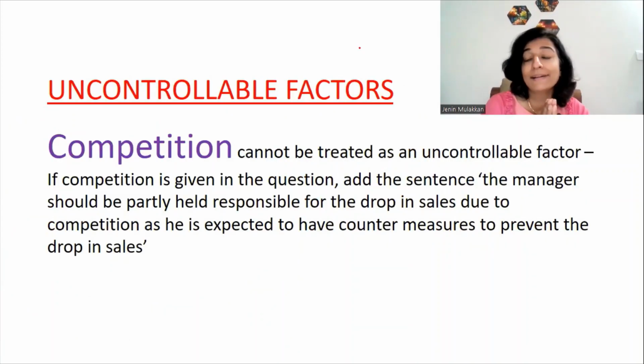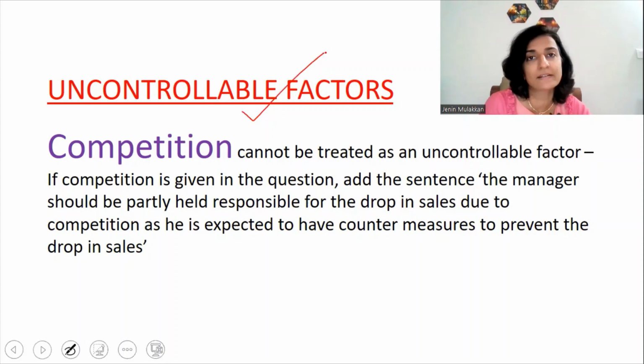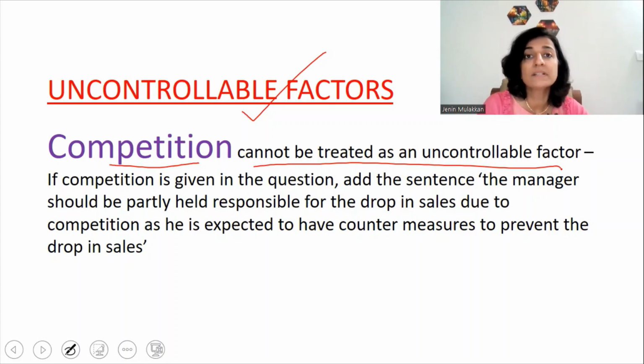Now, we all know that planning variance is a result of the uncontrollable factors, but competition cannot be treated as an uncontrollable factor. Because if we treat competition as an uncontrollable factor, then it is very easy for the sales department to shift the blame to the increase in competition. That can just not be done.